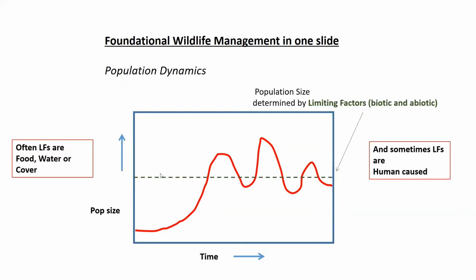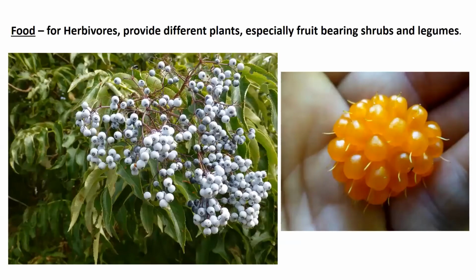So this dance, where wildlife is existing on the landscape given the conditions of wherever they are, food, water, cover, or human influence, is what drives this out into the future. So that's significant. Let's speak a little bit about each of those things.